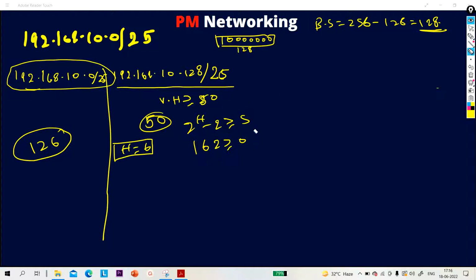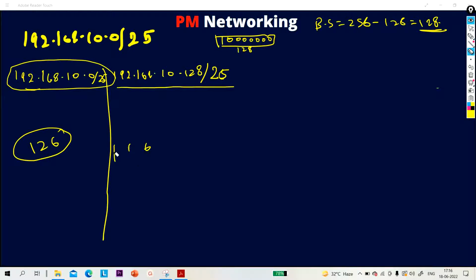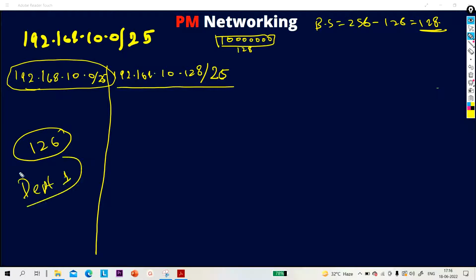And if you use the CIDR value /26 over here, what will be your first network ID? This is my network for department 1, right? And this is my network for department 2. Here the slash value is 26. So what will be the subnet mask for /26? 255.255.255.